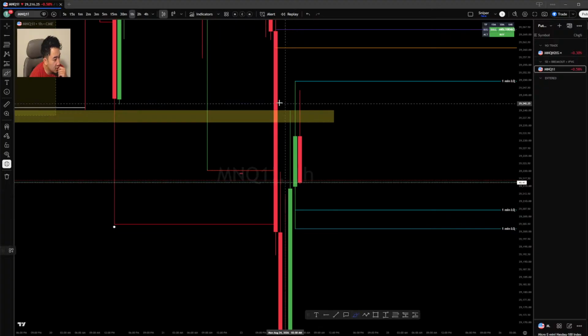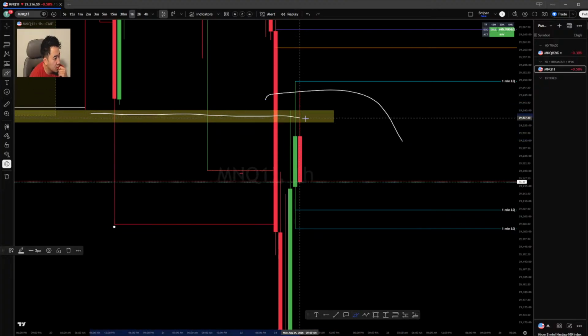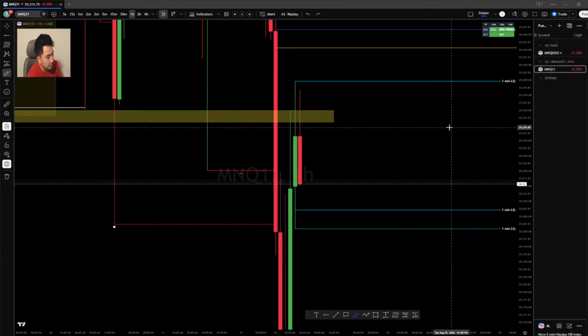This price is resisting off this support resistance zone right here.